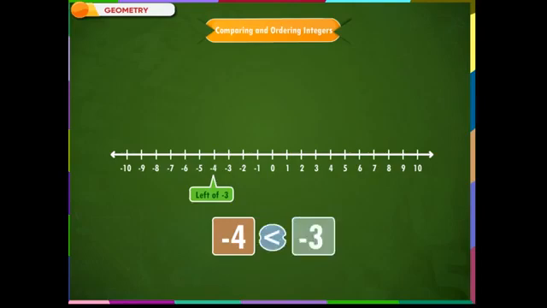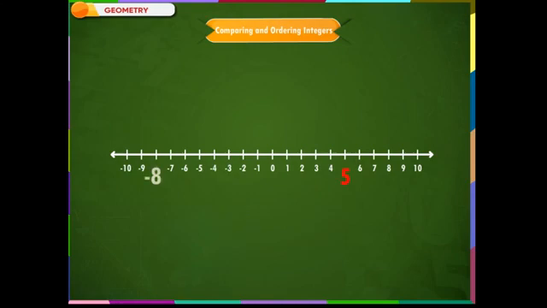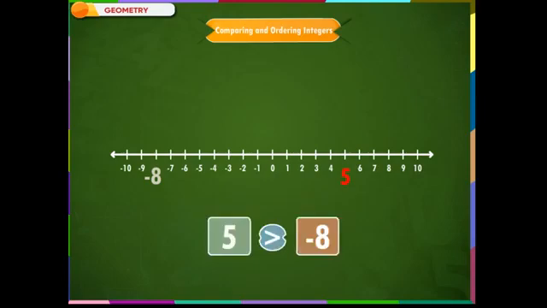Example 2. Put appropriate sign to compare the integers -8 and 5. Since 5 lies on the right of -8, and we know that values of number is larger as we move towards right on the number line, therefore 5 is greater than -8.